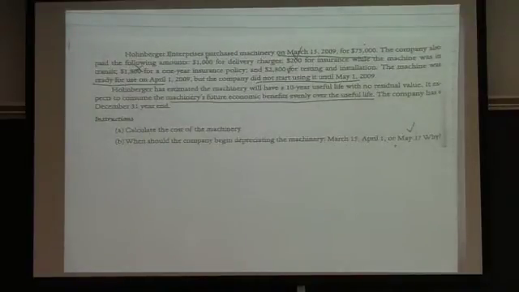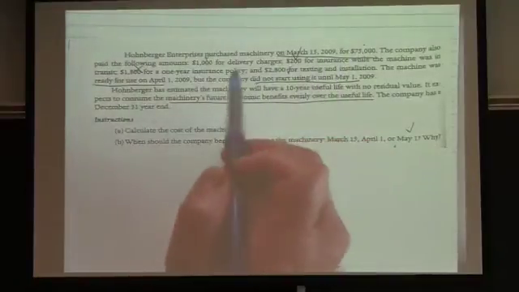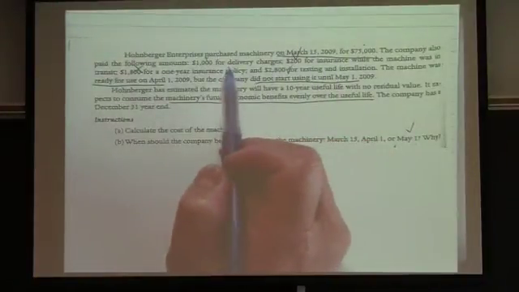So in other words, the question is, is it necessary? Is it required to get the asset to its intended use? And if the answer is yes, then we should include it in the cost of the asset. So in this case, the delivery charge should definitely be added to the cost of the asset.